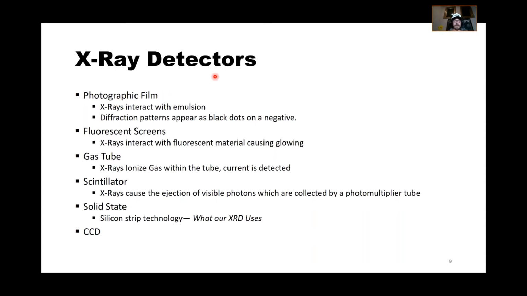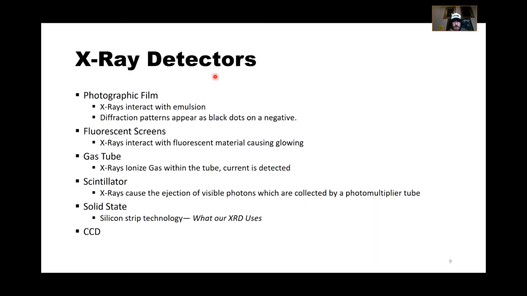The X-rays interact with the emulsion, kind of just like developing regular photographic paper, and the diffraction patterns appear as black dots on a negative. Is that correct? On a negative. Anyway, fluorescent screens. Fluorescent screens are actually really good X-ray detectors, and I do have a fluorescent piece of screen that I use to look at the beam.